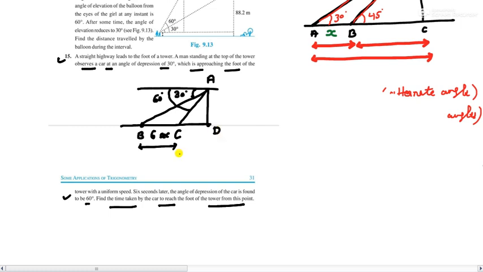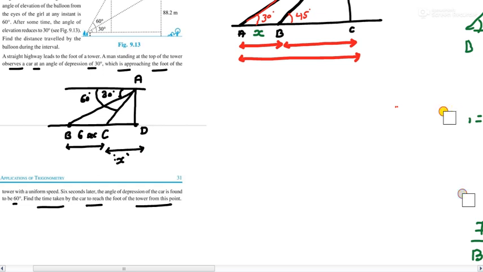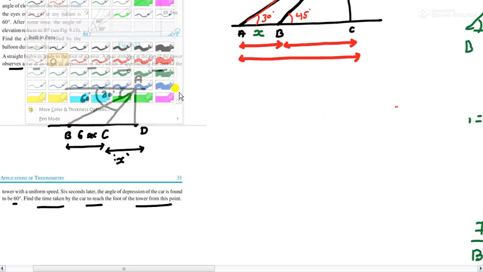So if I name this as CD, we have to find the length of CD. Whatever we get, it will be in seconds. Got it? Okay. Have you guys understood the question? Yes, sir.